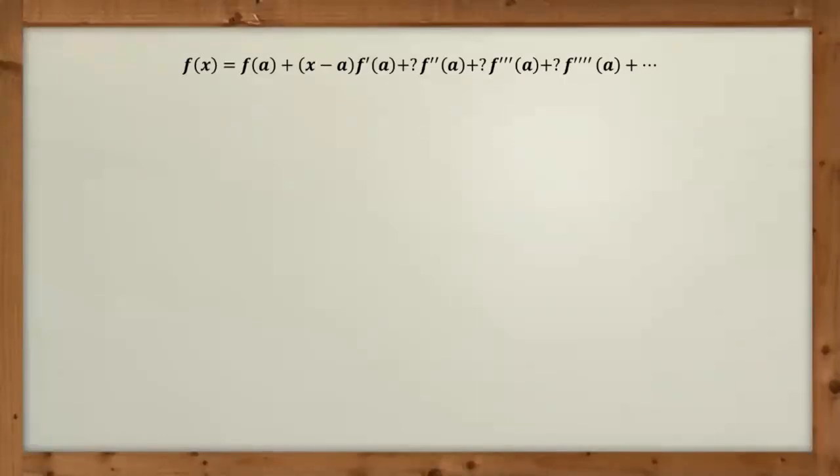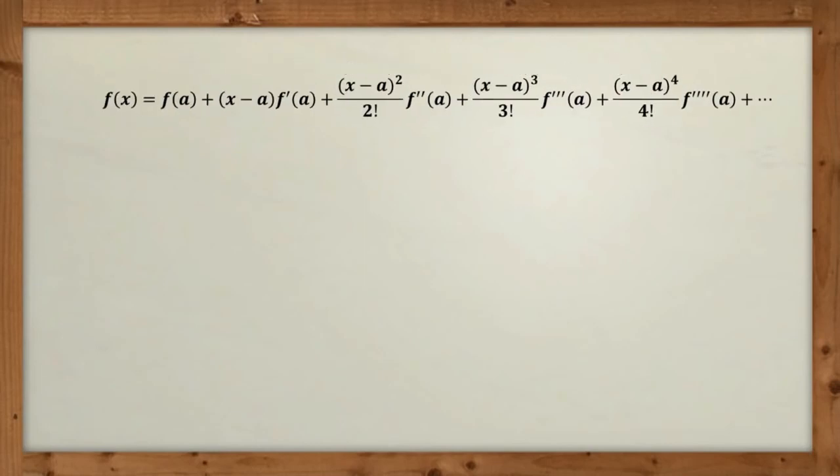Okay, we're pretty close to a definition of the Taylor series and then being able to solve the exam question. Here's the equation that we have got so far. So now let's replace the question marks by the correct expressions that we should put before the higher derivatives.